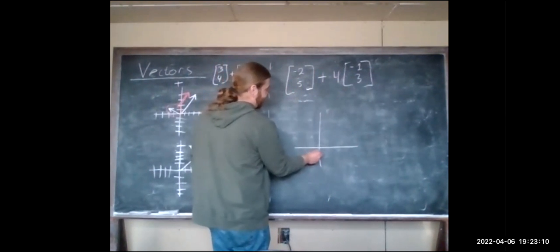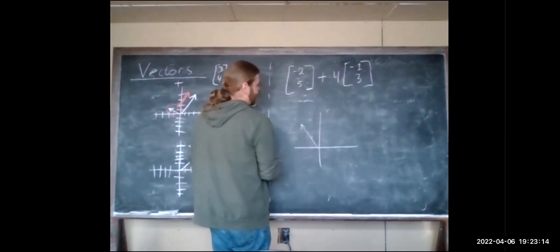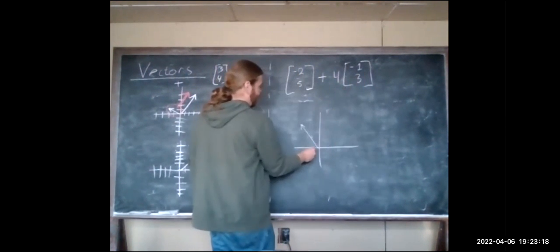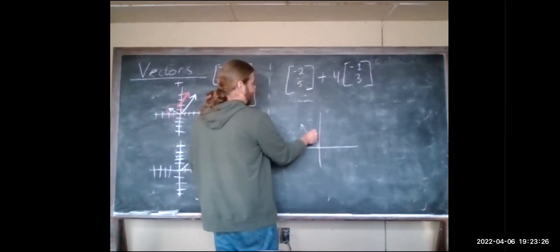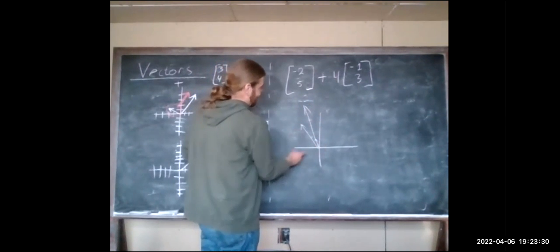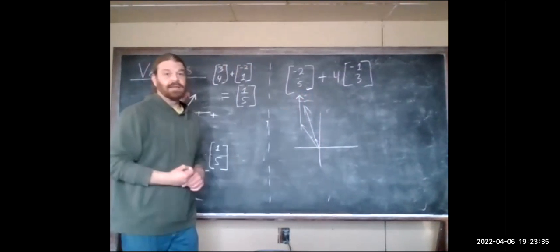So -2, 5 is over here and up here somewhere, and we're going to add that to -1, 3, which is like here somewhere, but we want that 4 times, so that's going to be 4 times as long. So when we add that, move that vector up here, it looks something like that.